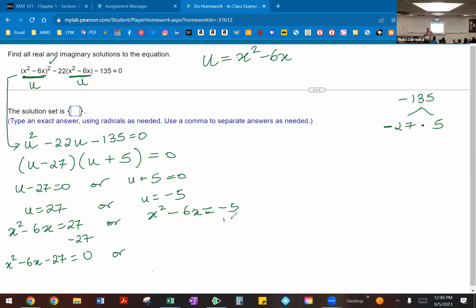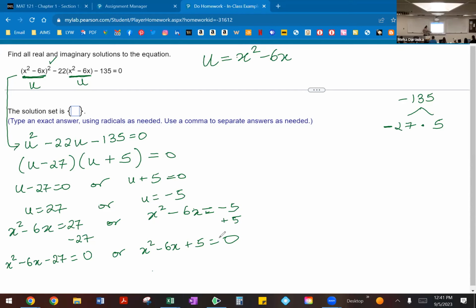And the other one becomes x squared minus 6x plus 5. I would again say try factoring for each of them.